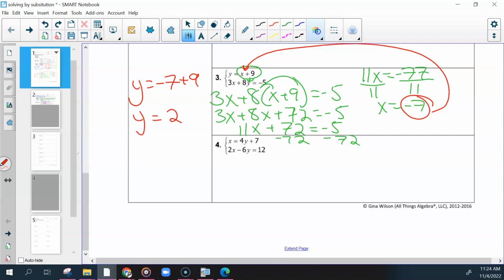And then what would be our final answer? We have to put those two together in order here. -7, 2. Mm-hmm. Just like that.